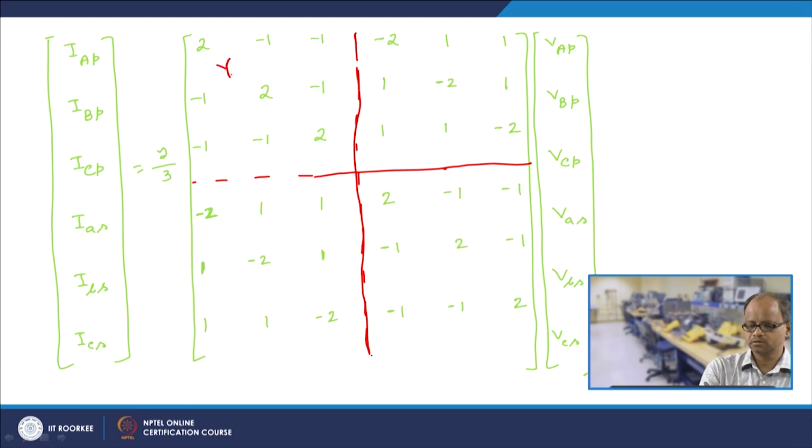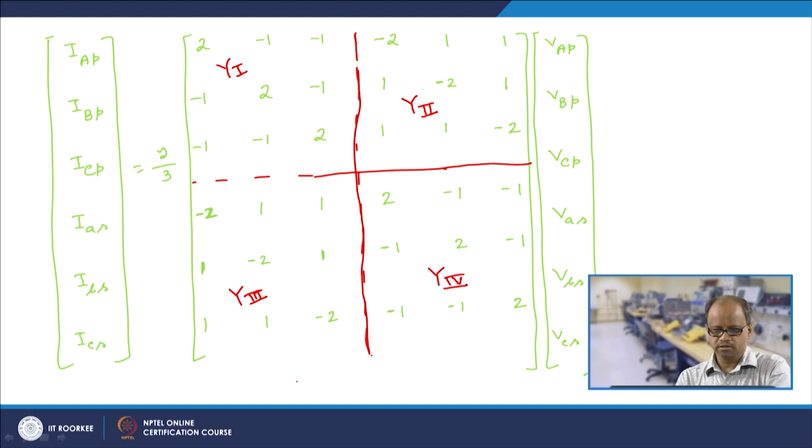So this is my Y1, this is Y2, this is Y3, this is Y4, and again as we can see Y2 and Y3 are transposed to each other. So this is how the modeling of the YG-YG transformer is carried out.